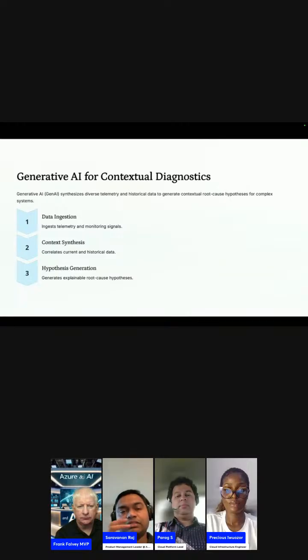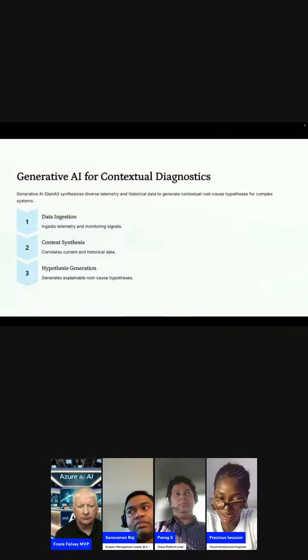If you look at the first component, the GenAI for contextual diagnostics, you have data ingestion. The GenAI system needs to understand the various telemetry signals and the monitoring signals that you may have defined based on your own metrics and your own systems. Then context synthesis is where you need some prompt engineering: if you see this type of problem historically, look at these millions of incidents, this is how we dealt with it.